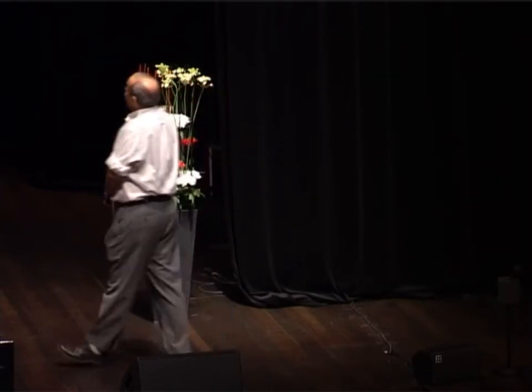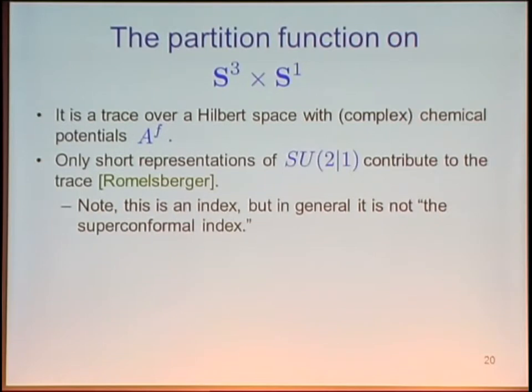Now, Rommelsberger emphasized that in this trace, we really compute an index, and everything should be in representations of SU2/1 across various other things. And SU2/1 has short representations and long representations. So let me contrast that with two things we are more familiar with. First, the Witten index. In the Witten index, we take a trace with only (-1)^F. As Witten said this morning, we throw away a lot of information.